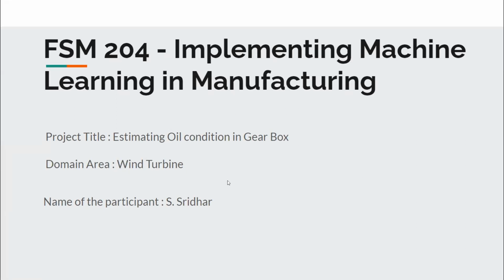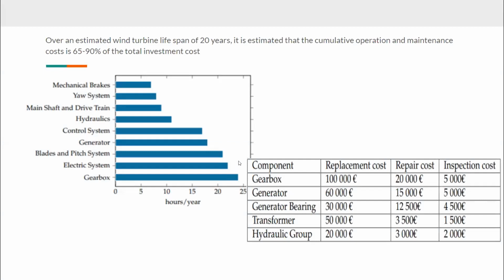So, moving to the project. The background is why machine learning or predictive analytics is a major need for wind turbines. Over an estimated wind turbine life of 20 years, it takes about 65 to 90% of its total investment cost just for operations and maintenance, which includes service, repair, and everything.